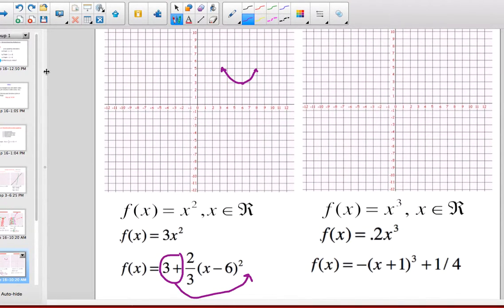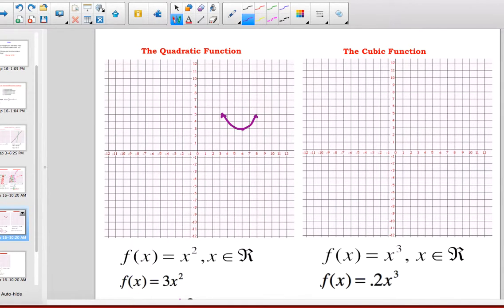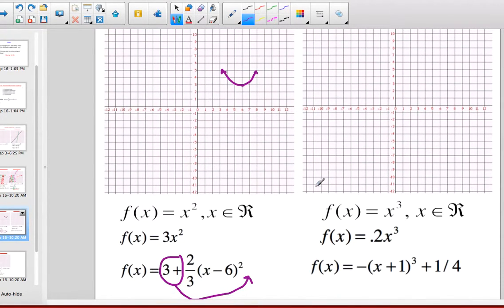This one, let me see what we have here. We have our cubic. I'm just going to scroll ahead, and then the reciprocal. The cubic one here, again, you can start with your parent function. You got -2, -8, -1, -1, 1, 1, and 2, 8. So you'll look something like that, close enough.